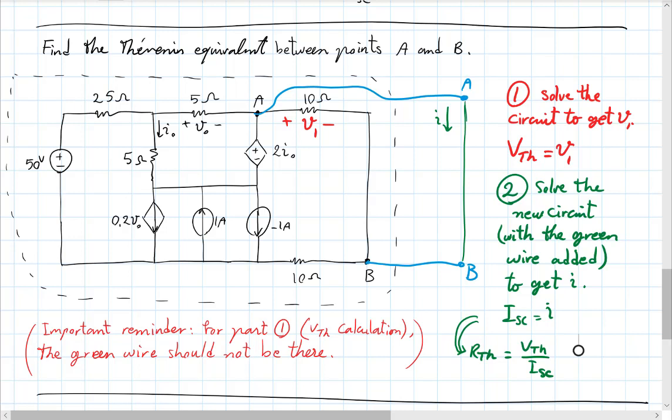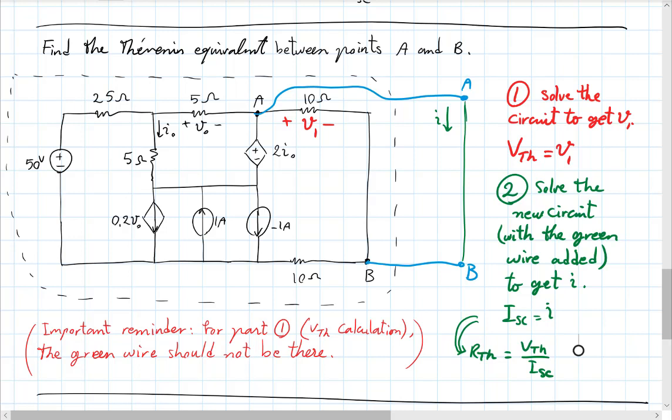So I'd like to introduce the Norton equivalent, but before doing that, there were a few questions that make me think we need a quick reminder of a few things. So first of all, note this important reminder that I put here. I added this green wire connecting A and B in the second step. This was not there in the first step, right?